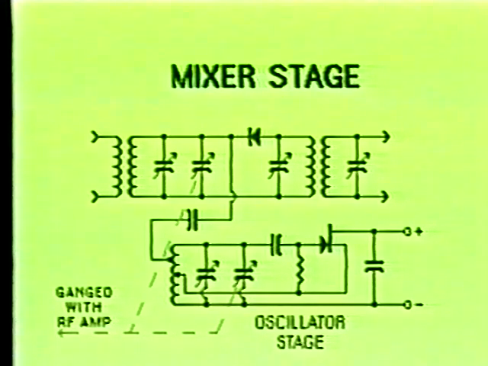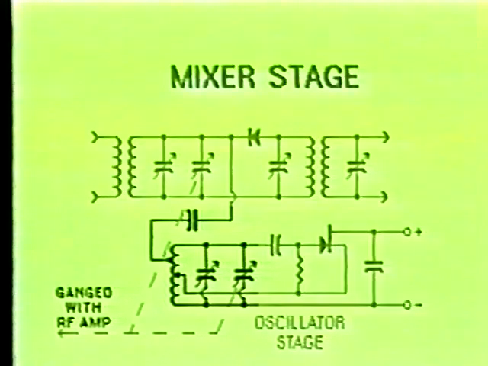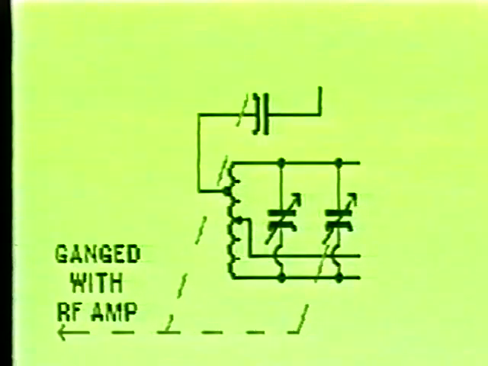This is accomplished by using variable gang capacitors for the RF, mixer, and local oscillator stages. Even in the more elaborate receivers, which contain more than one RF amplifier stage, these stages will be ganged together for proper tracking. It is important to understand that the local oscillator is instrumental in determining the frequency to which the receiver is tuned.